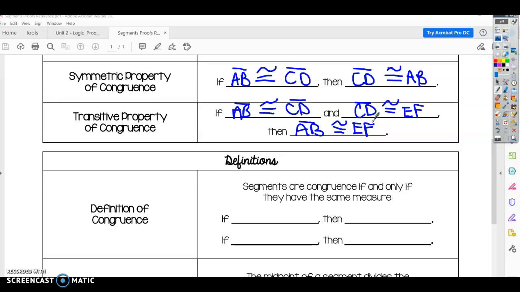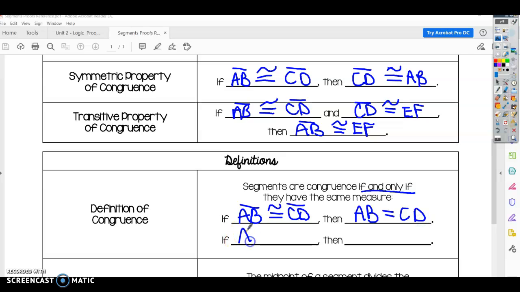All right, now what is our definition of congruence? So we have segments are congruent if and only if, so this is important, if and only if they have the same measure. So if AB is congruent to CD, then AB equals CD.